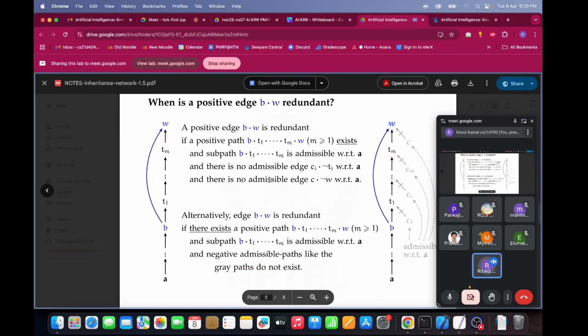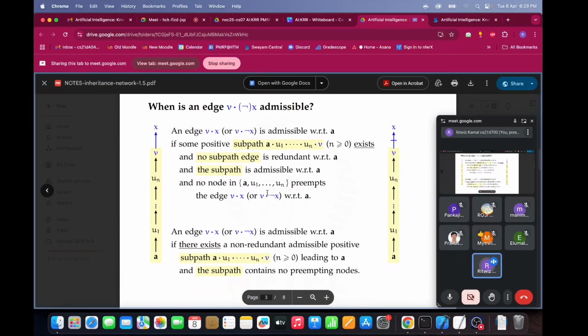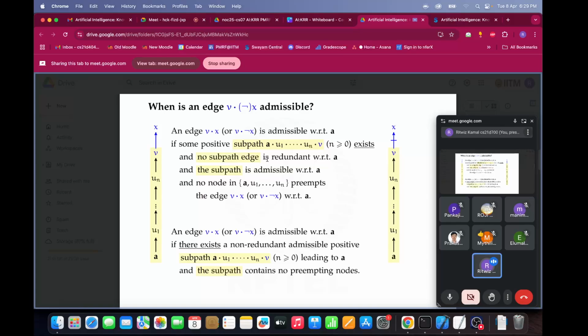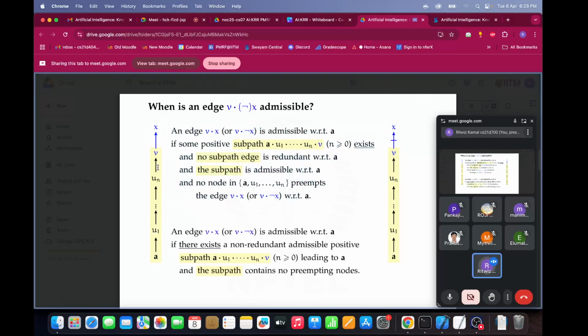So that was redundancy. Now coming back to admissible edges, the four conditions we now understand are: there should be no preemption, as per this particular definition, from A to the intermediate nodes; the subpath should be admissible in turn; there should be no subpath S that is redundant; and there should be some positive subpath.